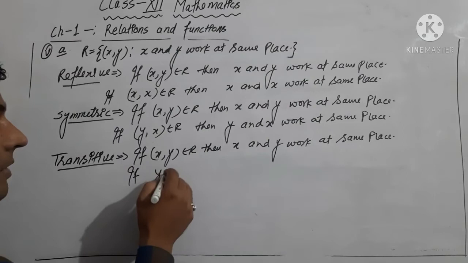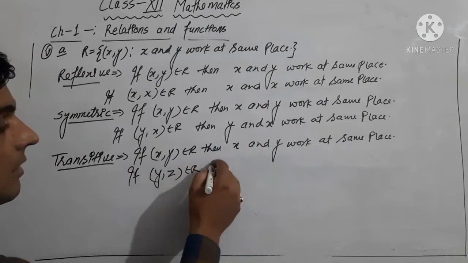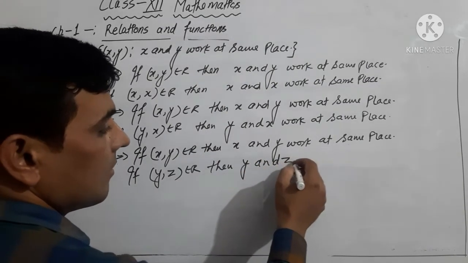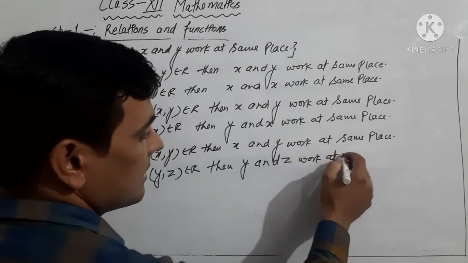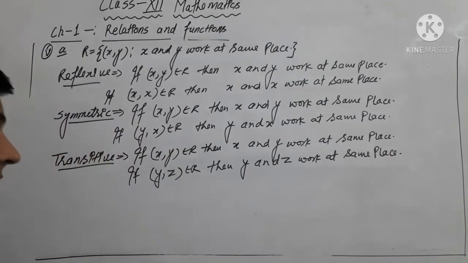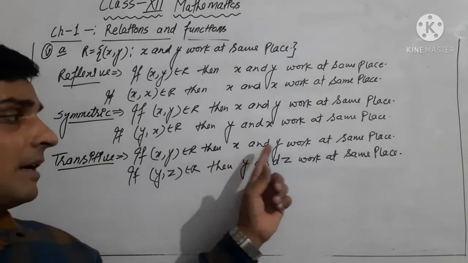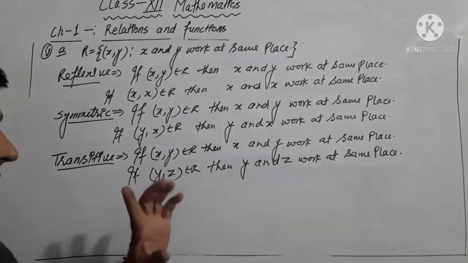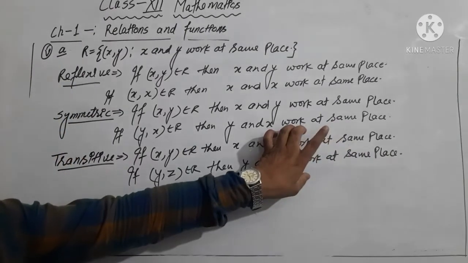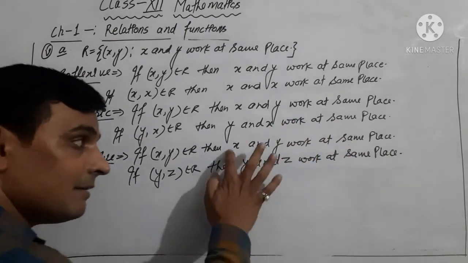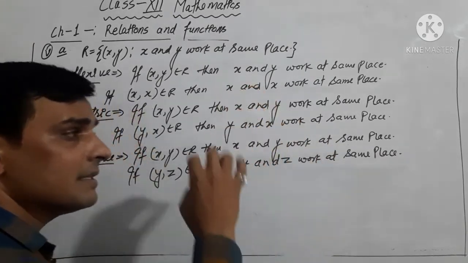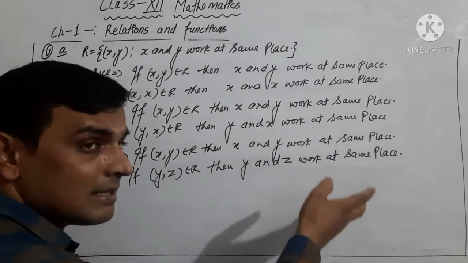If (y, z) belongs to R, then y and z work at same place. From these two conditions, what do we have? x and y work at same place and y and z work at same place. On combining these two conditions, we get x and z work at same place.